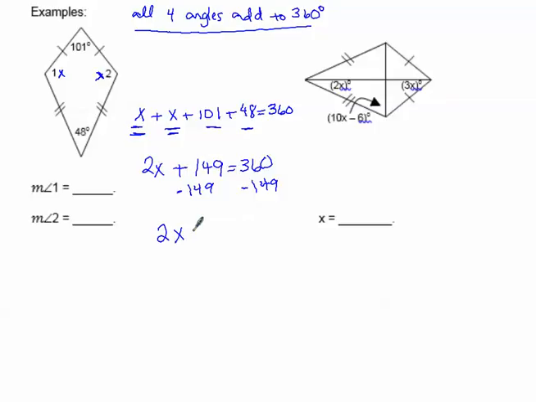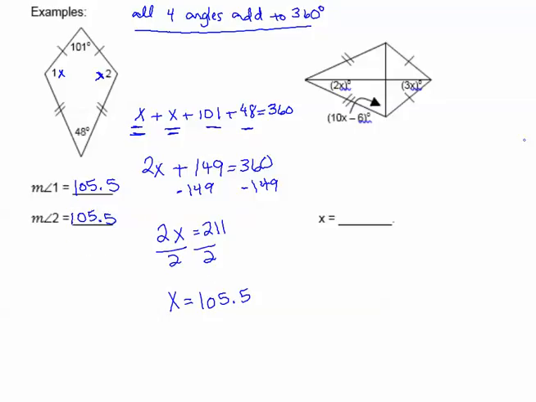So 2x equals 360 minus 149, which gives me 211. So I get 105.5. That's x. They're asking me for the measure of angle 1. Well, that was also x, so this is also 105.5.